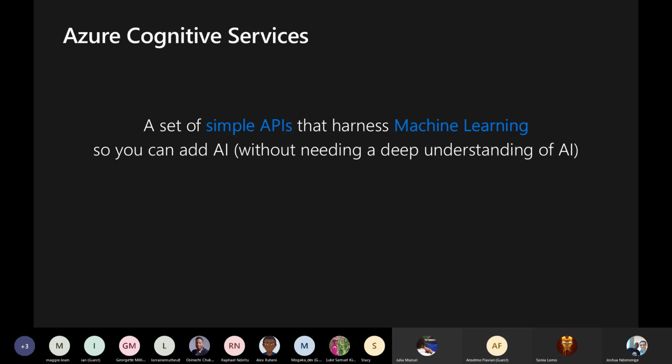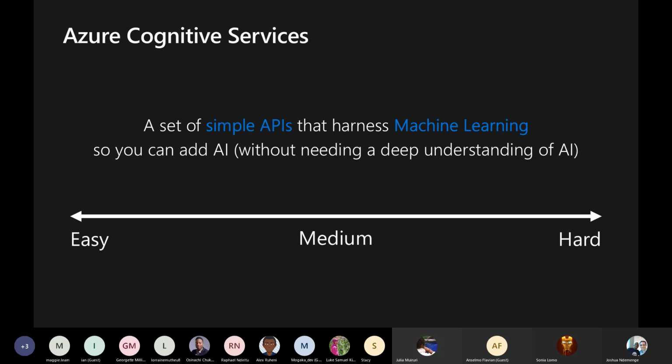The model, as I said, is already pre-built. So cognitive services will fall under the category of easy to medium, because the model is already pre-built, and the only knowledge you need is on how to consume it. As long as you're able to make an HTTP call to the endpoint, or just a REST call to the endpoint, then you're safe, regardless of whatever language you're using to develop your application.